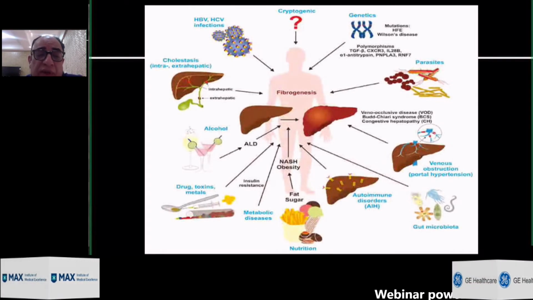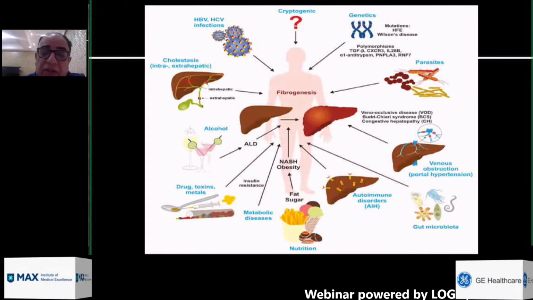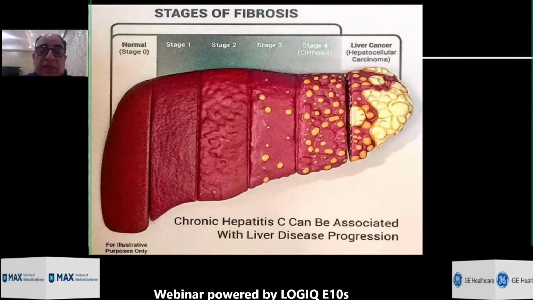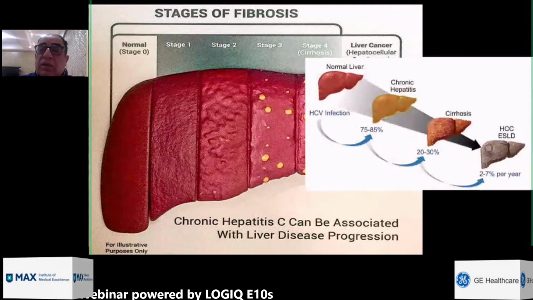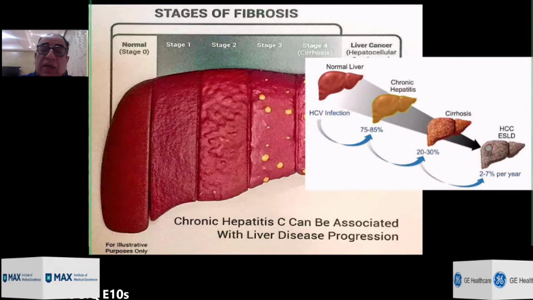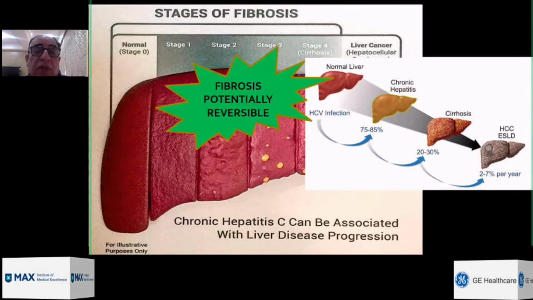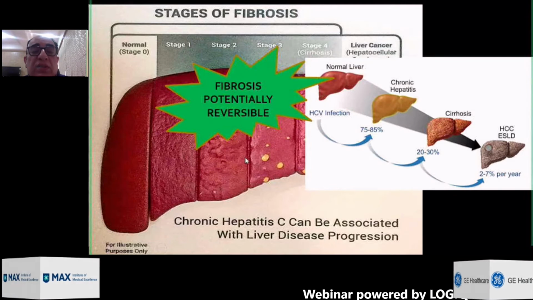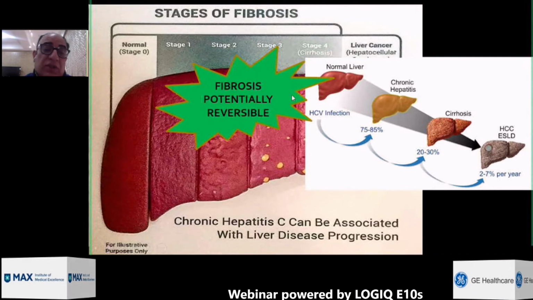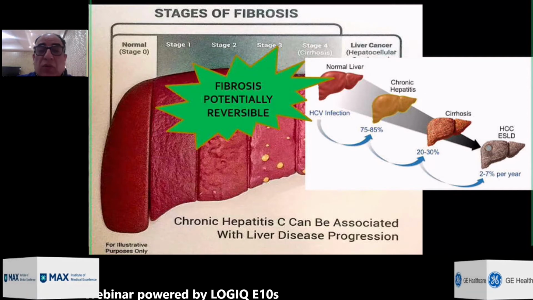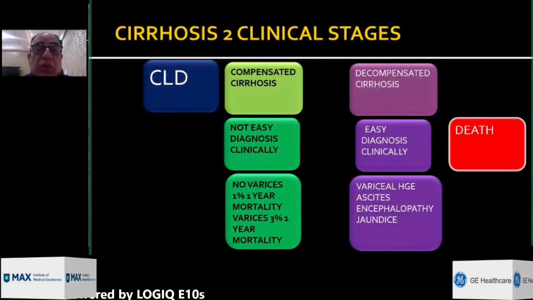And these are the various toxins which have already been alluded to. There's a whole list of them. We follow through the stages of fibrosis to cirrhosis and ultimately to hepatocellular carcinoma, as you can see in this cartoon. What has really been a great boon to us is that this is potentially reversible. And when anything is reversible, we need to monitor it over a period of time, as has been alluded to again.